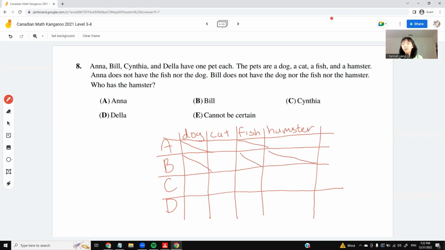So now that just leaves Bill with the only option of having a cat. So now we know Bill has a cat. But that simplifies things for Anna because now we know that she can't have a cat anymore since Bill already has one. So that means that Anna would have a hamster. So that would make A our correct answer, Anna.